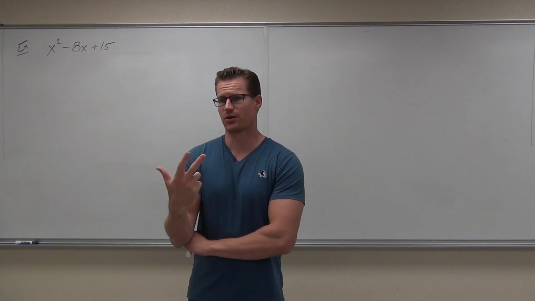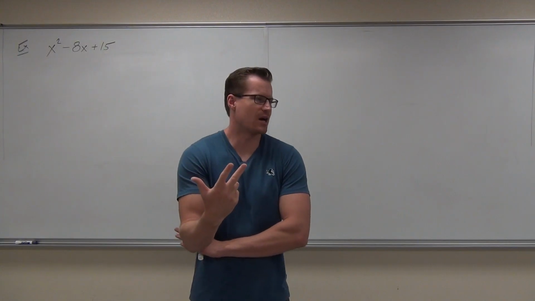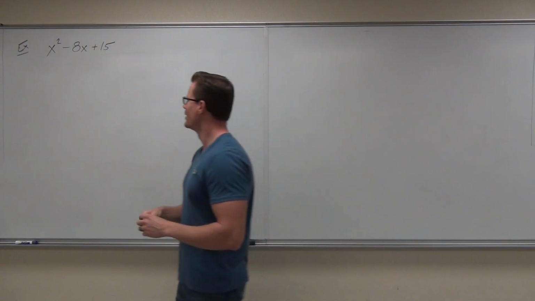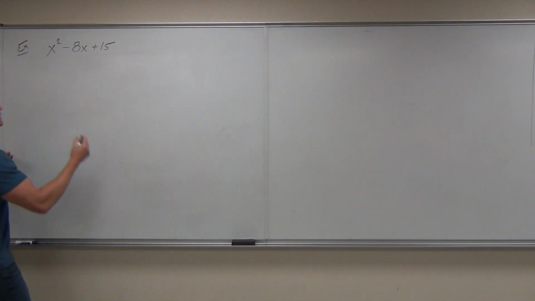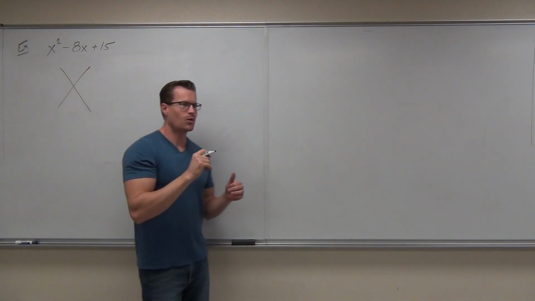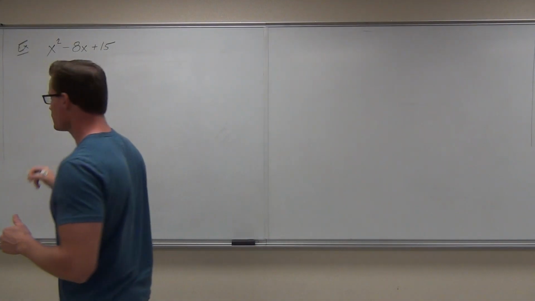If you have 3 terms, the only thing that we can do in this class is the diamond method. I call it the diamond method. It's just factoring trinomials. I call it diamond method because it's just a nice way to remember it. So the way we go through these, how I showed you, you're all familiar with your ABCs, right? Yes. What's the A here? 1. What's the B? -8. What's the C? 15.